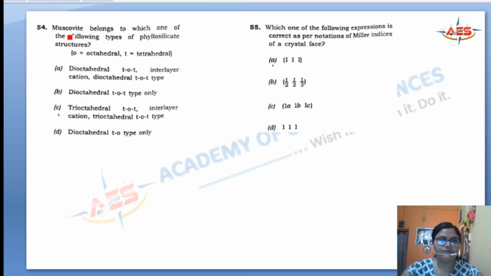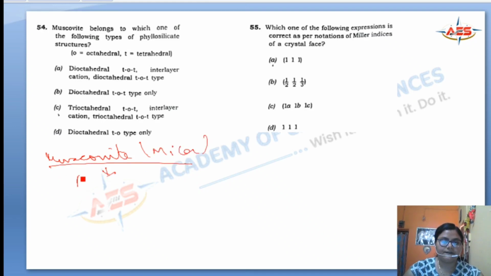Number 54, what we have is muscovite belongs to which one of the following types of phyllosilicate structure. So muscovite क्या होता है? ये एक mica है, mica mineral, and it is a phyllosilicate. That is, it is having a sheet silicate structure.